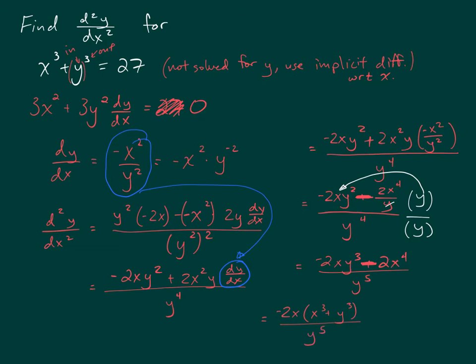And I switched around these terms here because way back at the beginning, I know that x cubed plus y cubed equals 27. So I can just substitute this 27 way down here in for that. And so if I do that, I will have a final answer here of negative 2 times 27 is a negative 54x all over y to the fifth power.